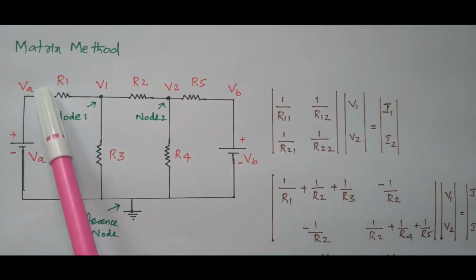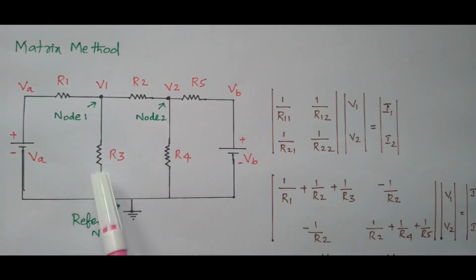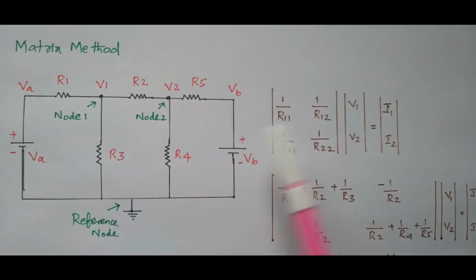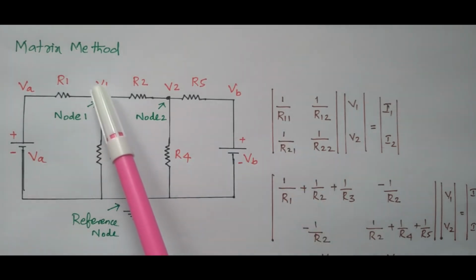What are the resistors connected? R1, R2 and R3. These three resistors are connected at node 1. That is nothing but R11. So I can write 1 divided by R1 plus 1 divided by R2 plus 1 divided by R3. Right? So R11 is nothing but at node 1, the resistors connected, we need to add.